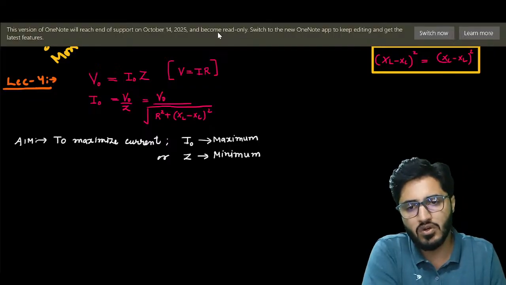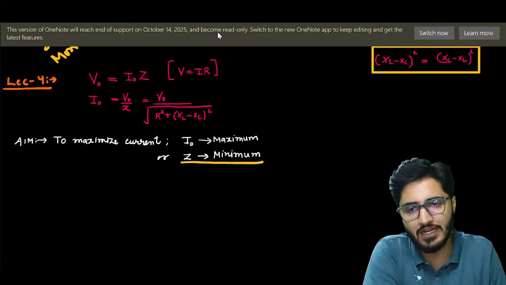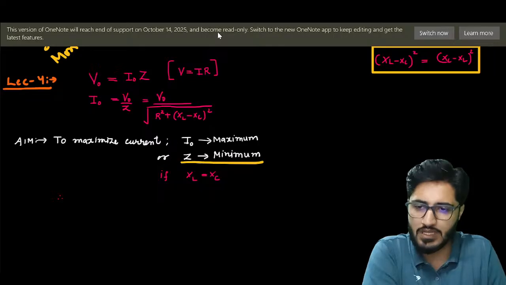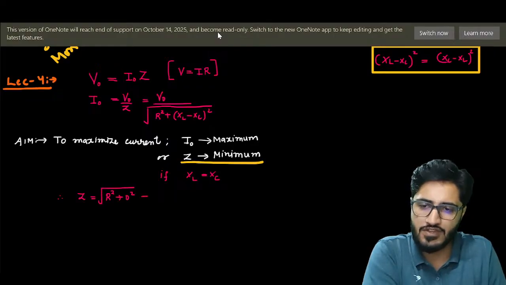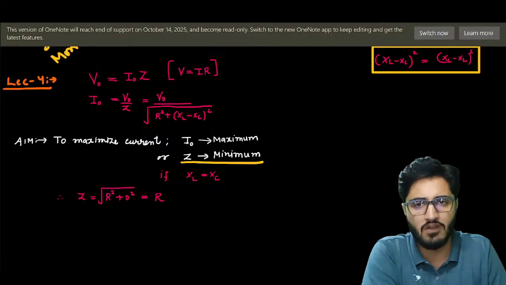For Z to be minimum, we can write that if my XL, the inductor's reactance, equals my capacitor reactance, then Z comes out to be the square root of R square plus 0 square, which equals R only.